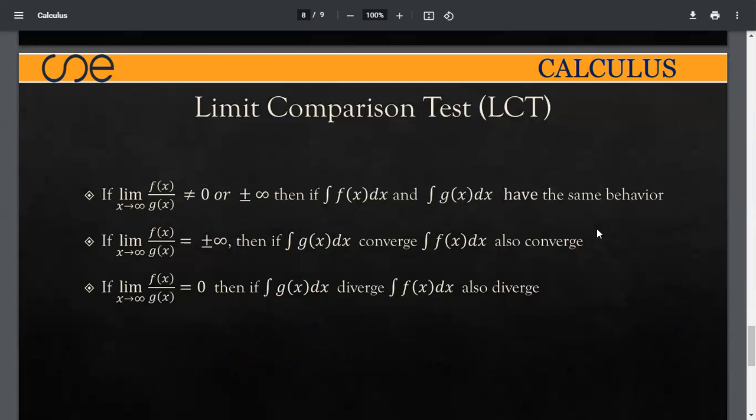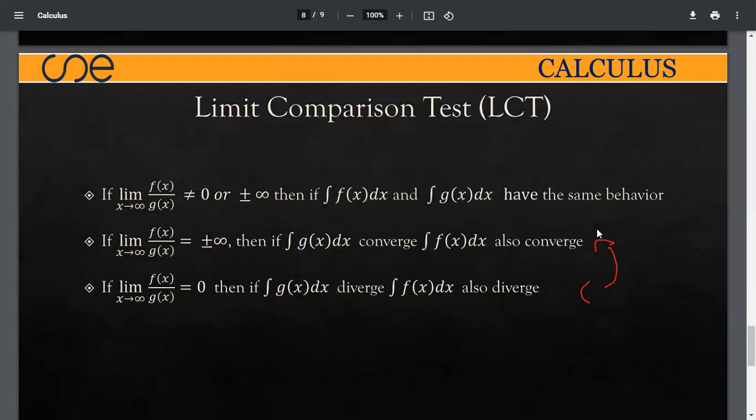Here those statements should be reversed. In case the limit of f of x over g of x is equal to 0, then both integrals converge.